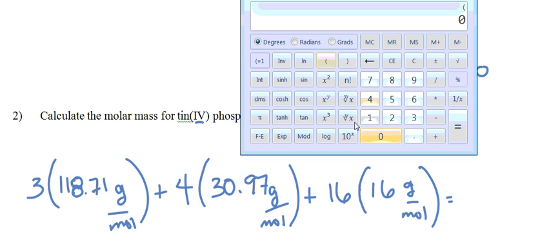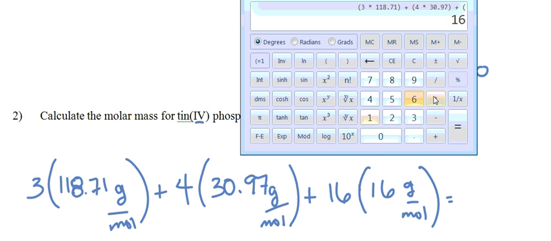So 3 times 118.71, close the parentheses, plus, open up another set of parentheses, 4 times 30.97, close the parentheses, and again, I would not recommend you doing this. You don't have to on a calculator. It'll automatically do this for you based on its order of operation.